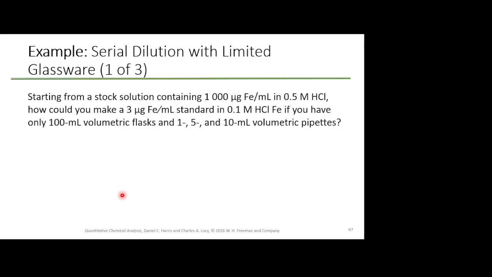Okay, so if you do serial dilutions, are you okay with dilutions? Are you finding any of this problematic? Okay. So starting from a stock solution of 1,000 micrograms of iron per milliliter in 0.5 molar HCl, how could you make a 3 microgram per milliliter standard in 0.1 molar HCl? You only have a 100 milliliter volumetric flask and 1, 5, and 10 milliliter volumetric pipettes.